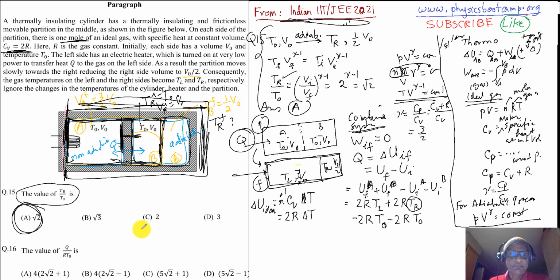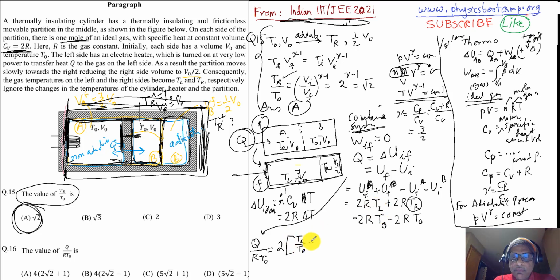Okay, so let me get some space. Well, let me just write this down first, what I need. So this whole thing I can write down Q over R times T0 will just be 2 is common to everybody, and you have a TL over T0 plus TR over T0 minus T0 minus 2.